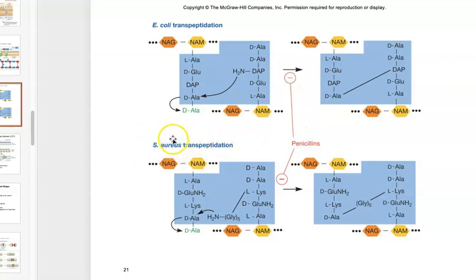The transpeptidation reaction in Staph aureus, or gram-positives, so this is a generic overview for gram-negatives with E. coli as the model, and then here's a generic overview of the transpeptidation reaction in gram-positives with Staph aureus as the model. And so, as you can see, in E. coli there's a direct linkage.